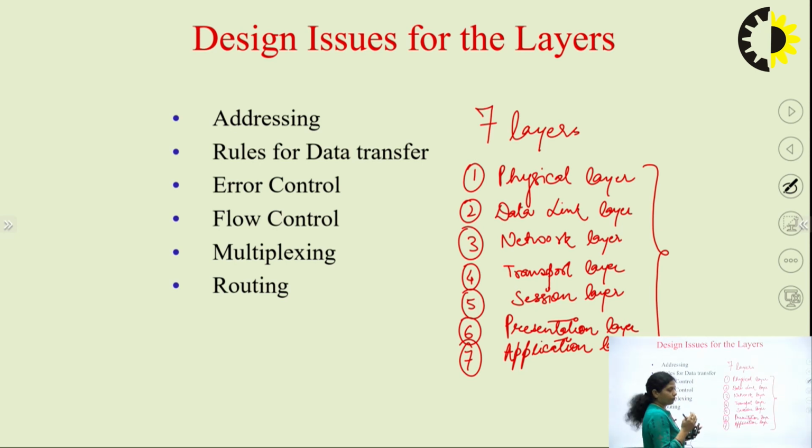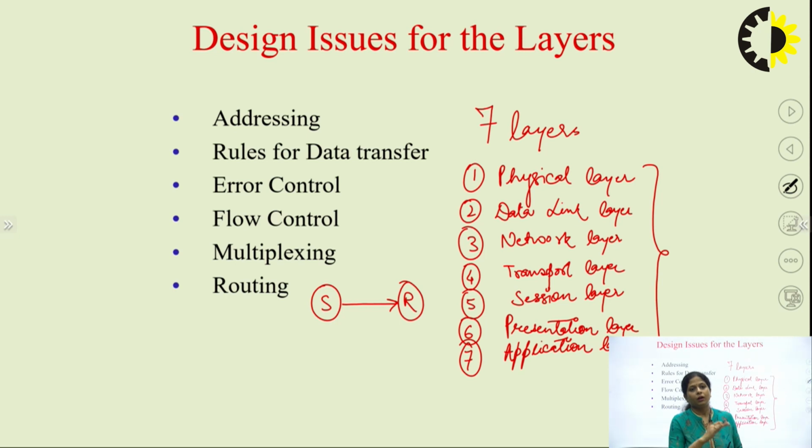From the very first step, when a sender is trying to send some data to the receiver, how it will interact, how the communication will be established, how the connection will be established, how that data will travel, each and every function is divided among these layers.